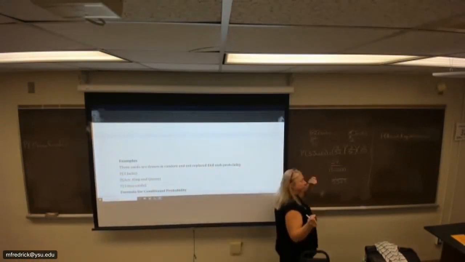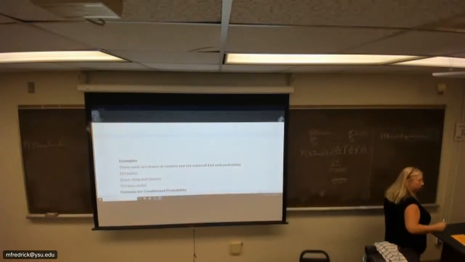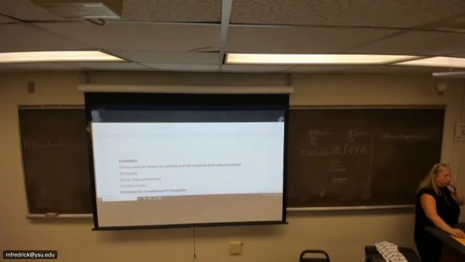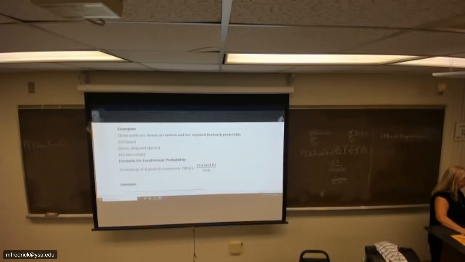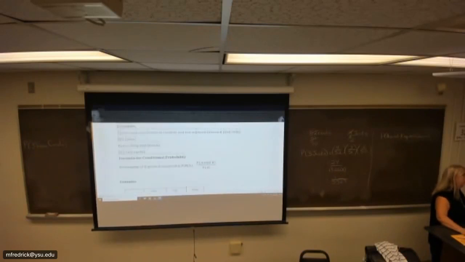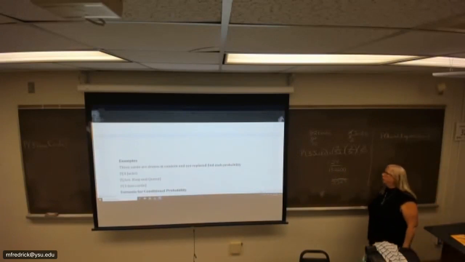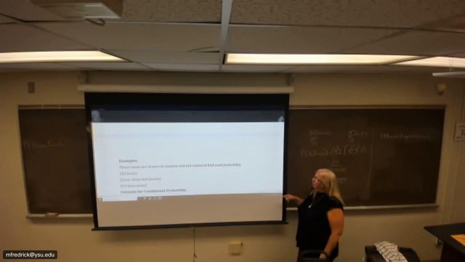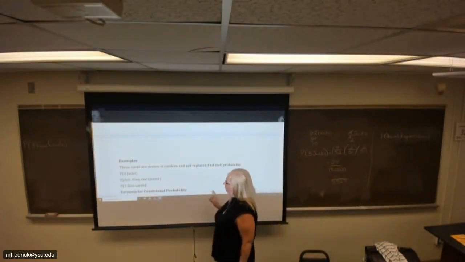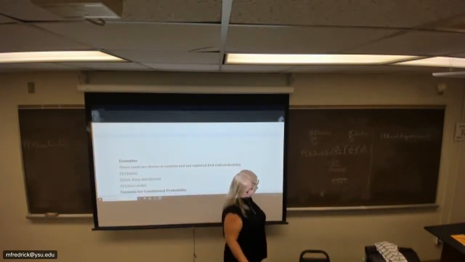Just put image of deck of cards. Find both the probability of an ace, king, and then a queen, and then the probability of 3 face cards.